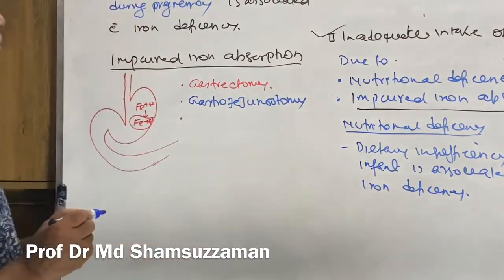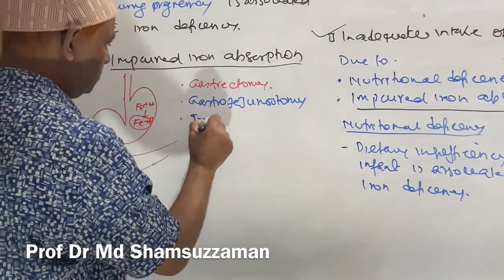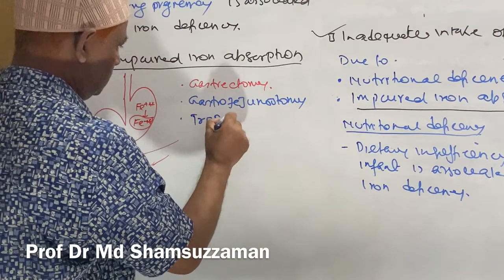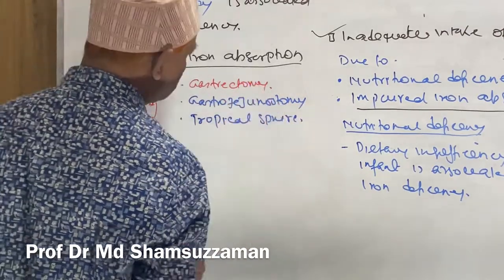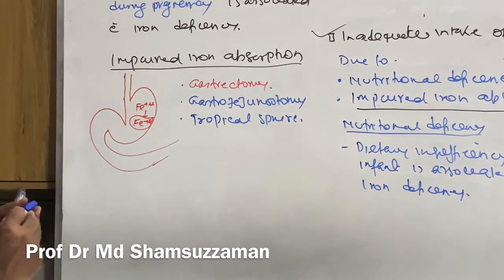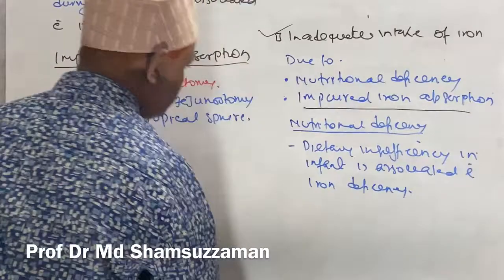And another cause of impaired iron absorption is tropical sprue. So these are the different causes of impaired iron absorption that is associated with iron deficiency anemia.